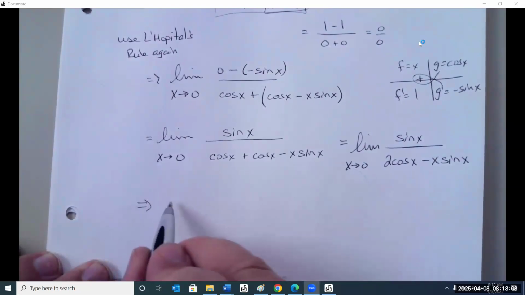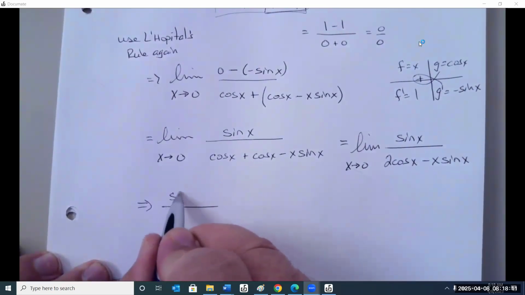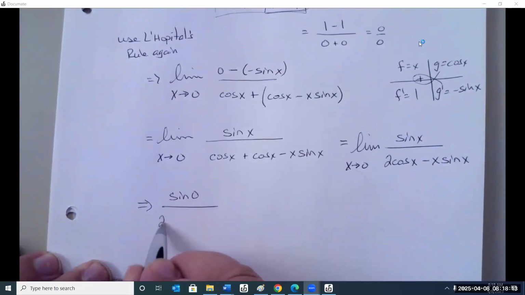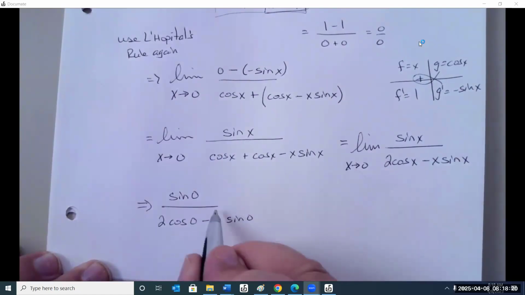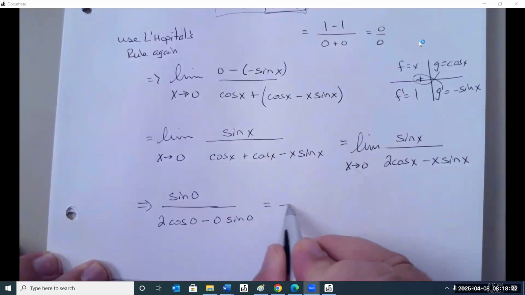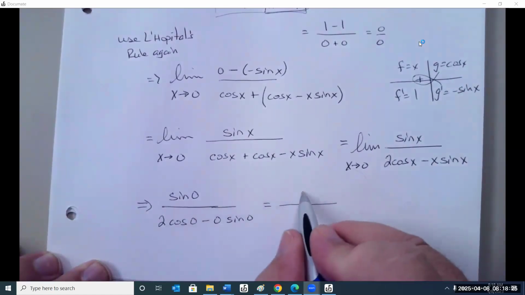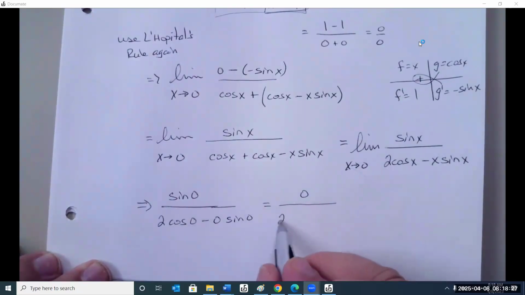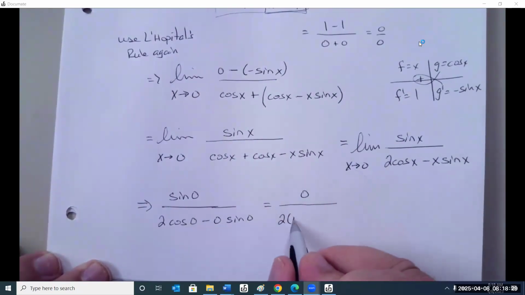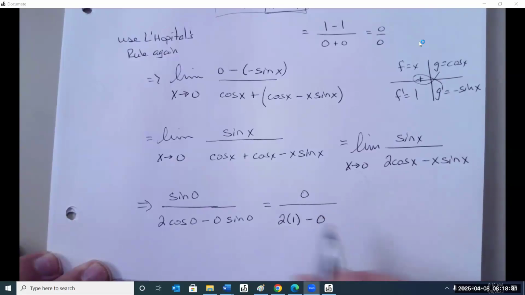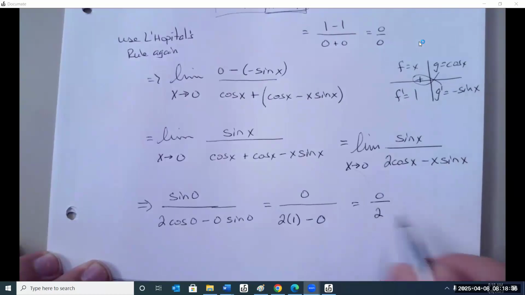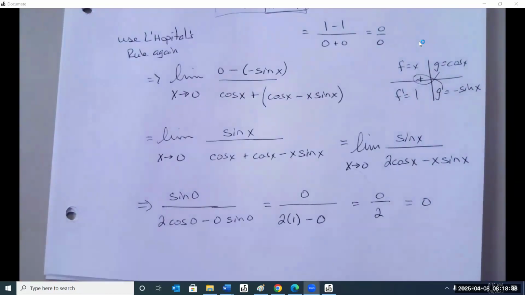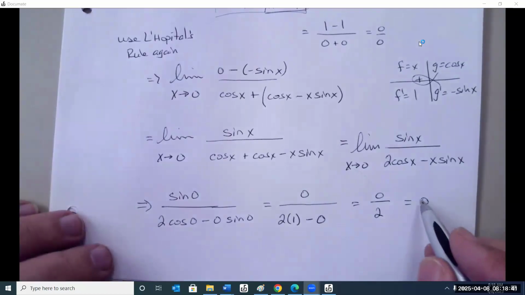Putting 0 inside there, we got 0 sine of 0 over 2 cosine of 0 minus 0 sine of 0. Sine of 0 is 0. 2 times cosine of 0 is 2. 0 times sine 0 is 0. So we have 0 over 2, which is 0. And that's our final answer.